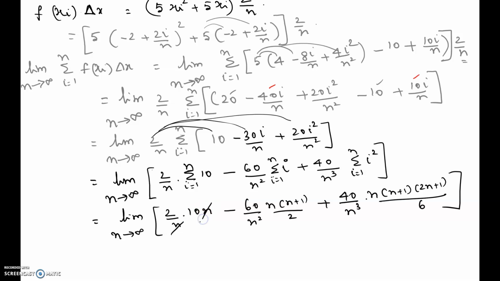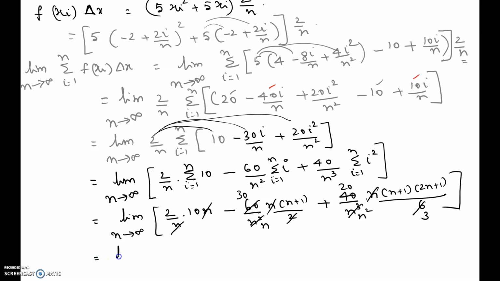So we can do some amount of simplification over here. This will be 30 and this will be 20 over 3, and then this n can be cancelled out with the n cube, that gives an n squared below.